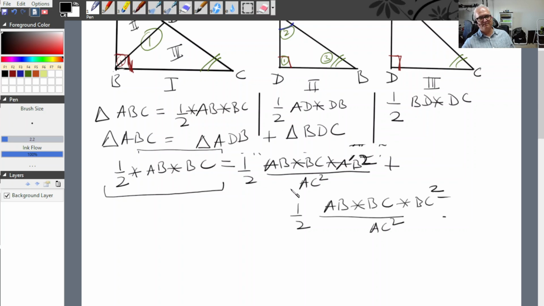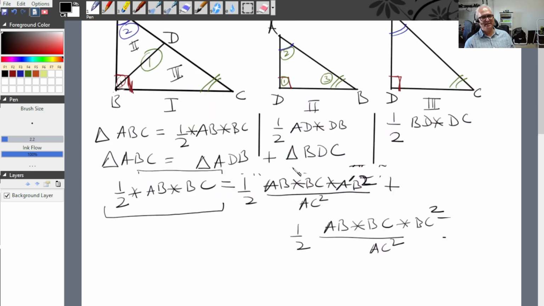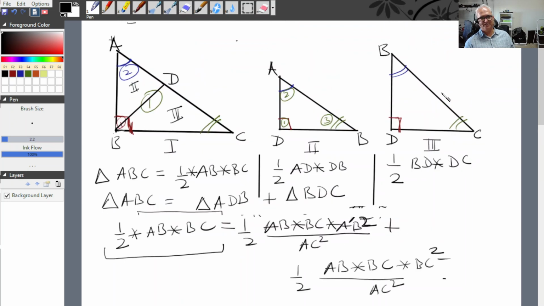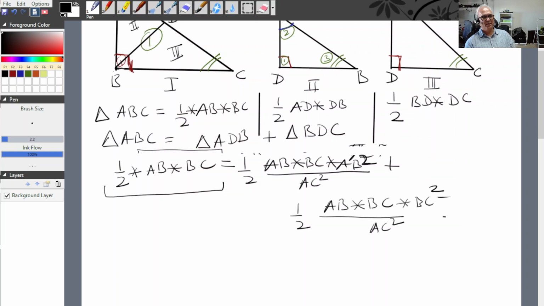This is the area of the first triangle, ADB, and this is the area of the third triangle, which is C. So now this is half AB and BC, and from this side I can take the common factors out.